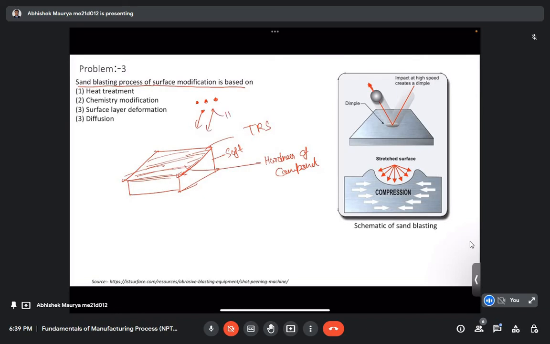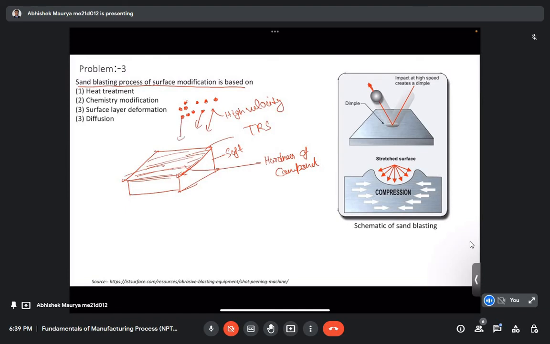These high velocity sand particles or grits are bombarded on the surface of the component whose surface property needs to be improved.